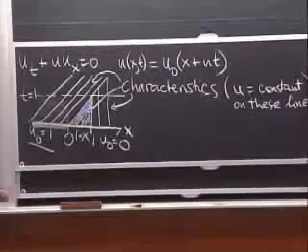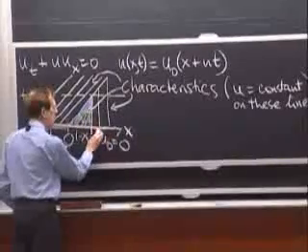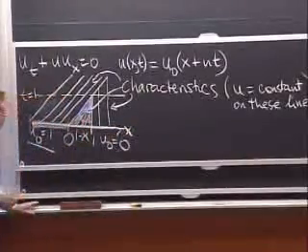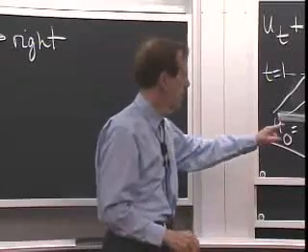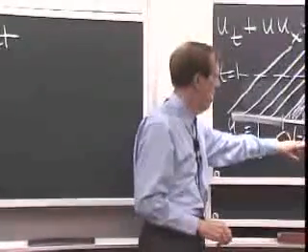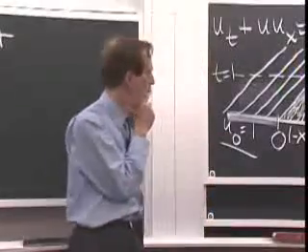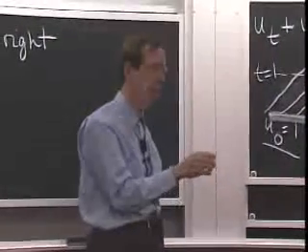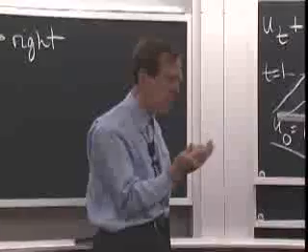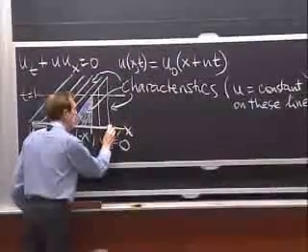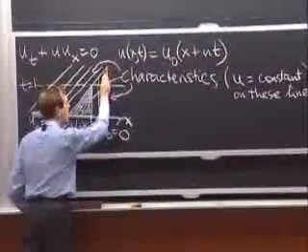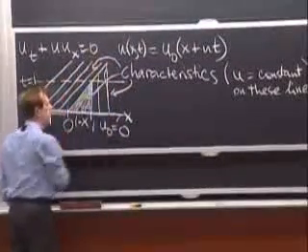And then over here at the far right, the starting value is 0. And the characteristics in that case, the velocity, the c associated with that is 0. So it's a standing, it's not moving. The characteristics are just straight lines in the time direction.